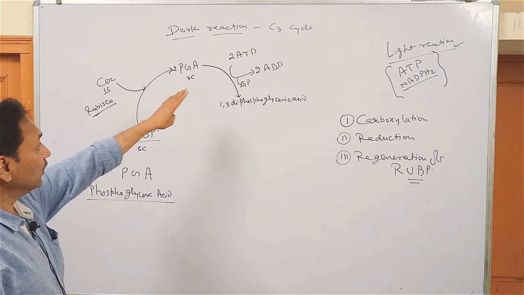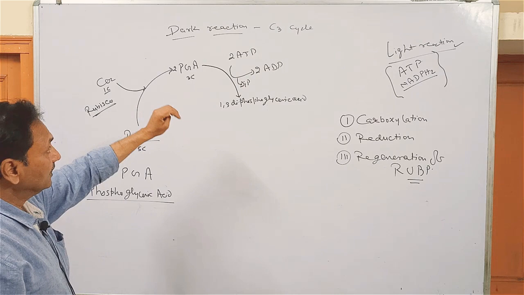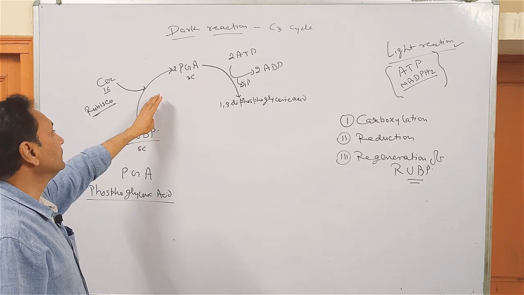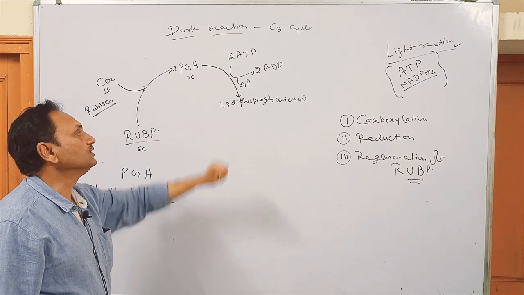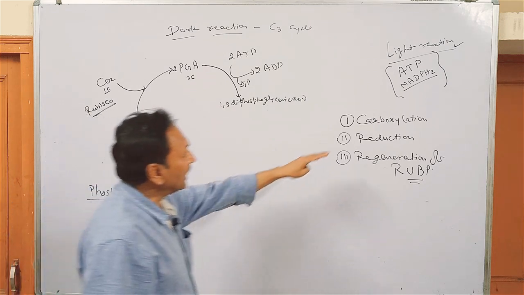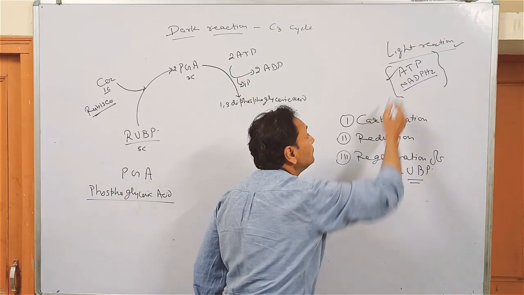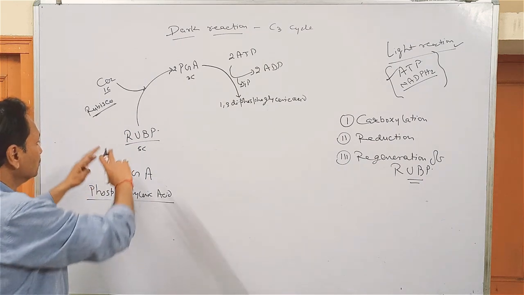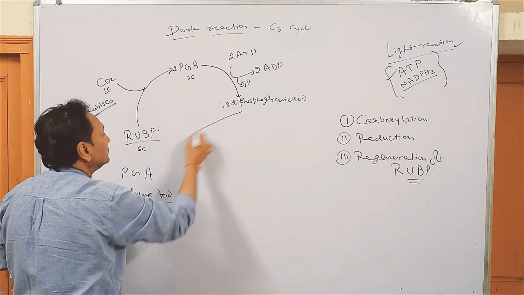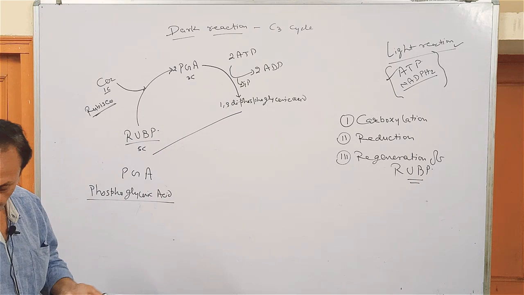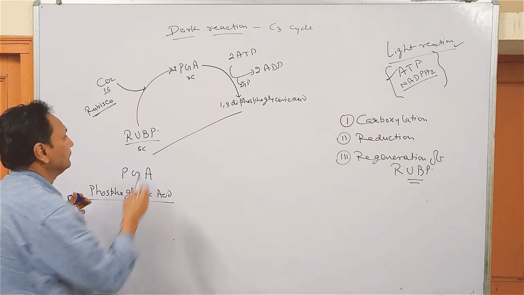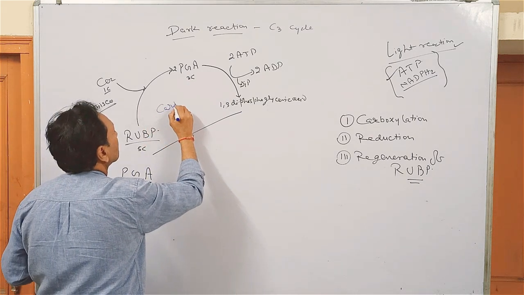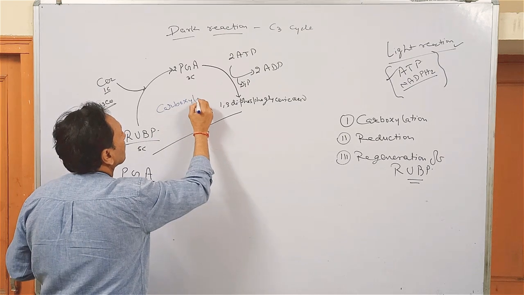It means 2 molecules of ATP are utilized here in the conversion of PGA to 1,3-diphosphoglyceric acid, and this ATP is produced from the light reaction. And this whole part is called carboxylation.